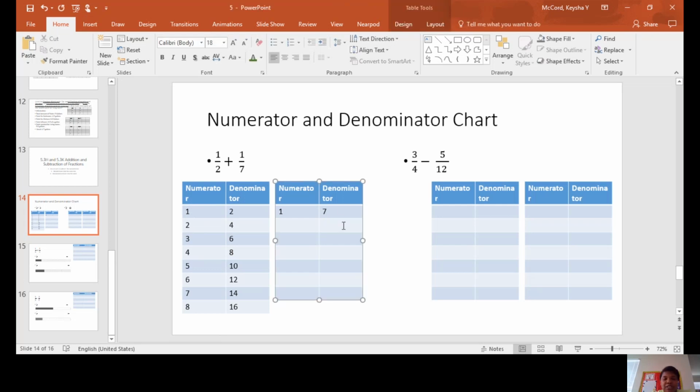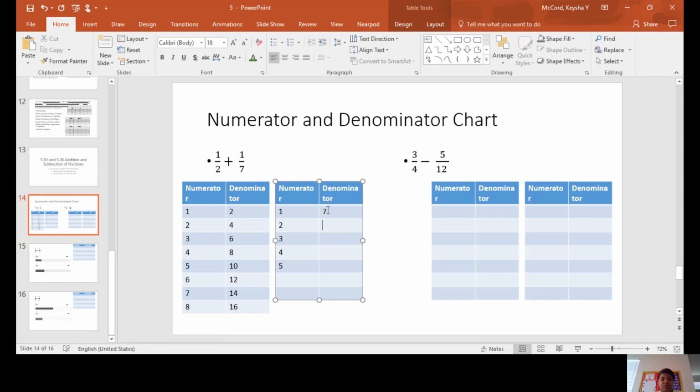So now we're going to do the same thing. For the numerator side, I am going to skip count by 1. So 1, 2, 3, 4, 5. And I'm going to stop at 5. If I need to continue on, just like I did for the 1/2, I can continue. Now, for my denominator, my number is 7. That means I'm going to skip count by 7.